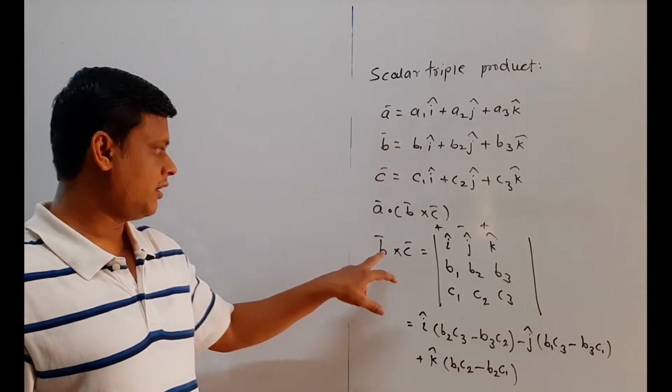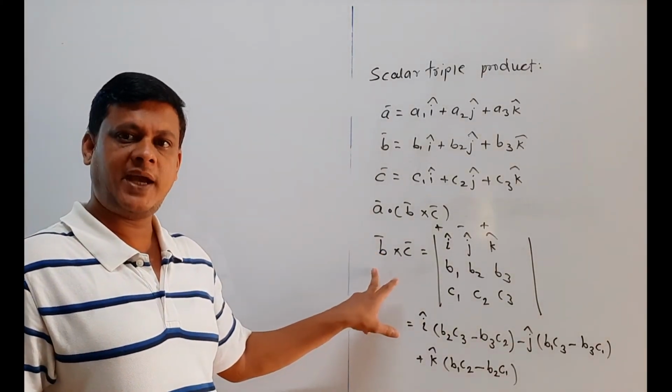So this is the value for the cross product of vectors b and c.